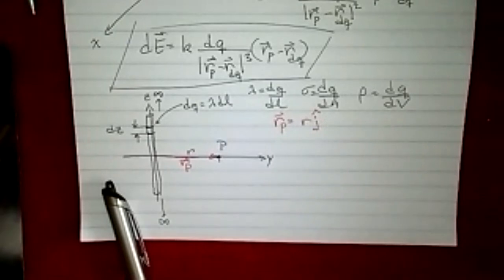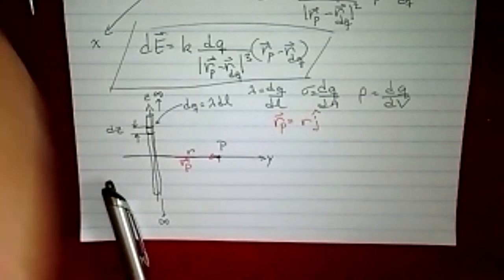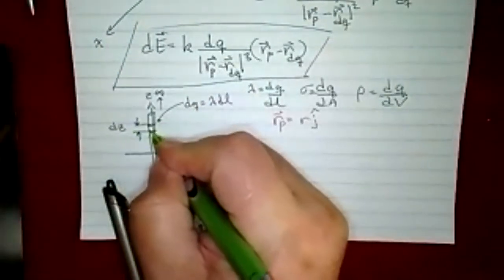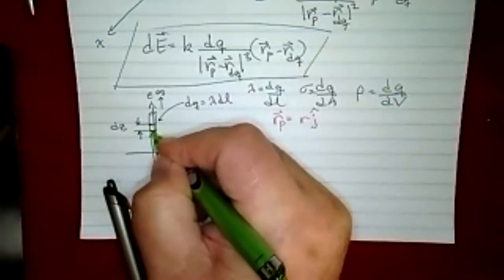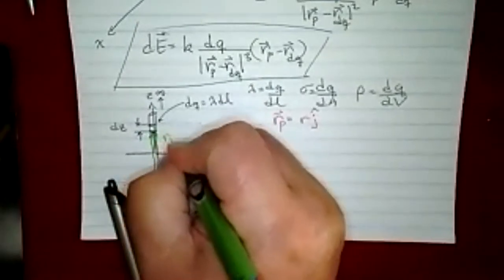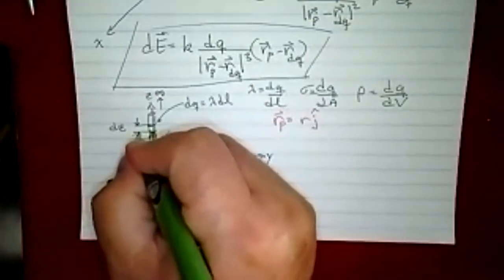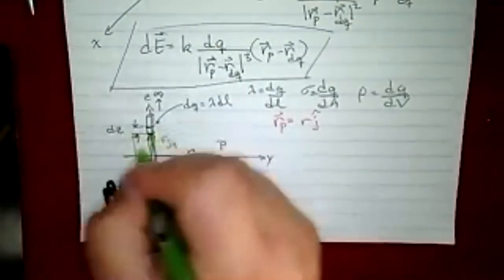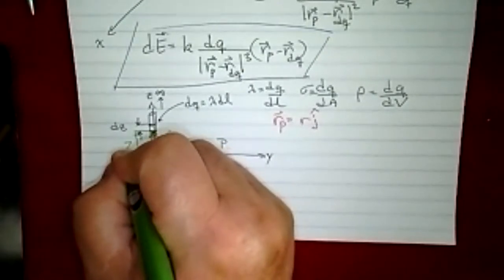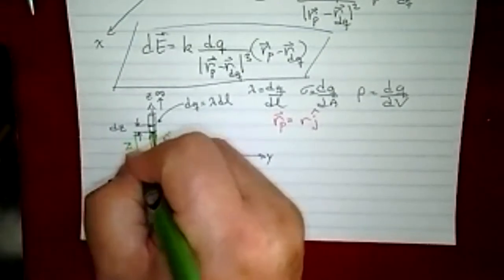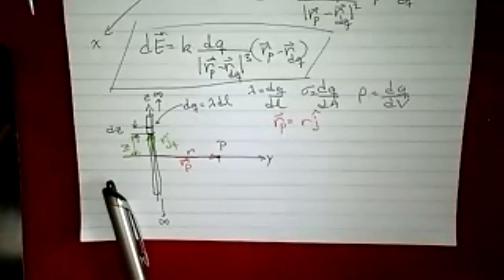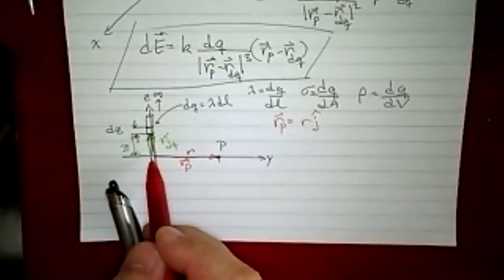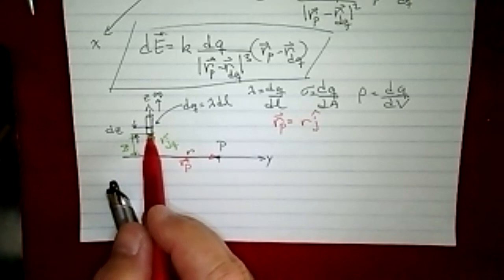Now, if I wish to know r_dq, that's going to be this little vector right here. So this is r_dq. And since it's along the z-axis, I'm going to assume that is a distance z. So the origin is 0, 0, 0, and this point is 0, 0, z.